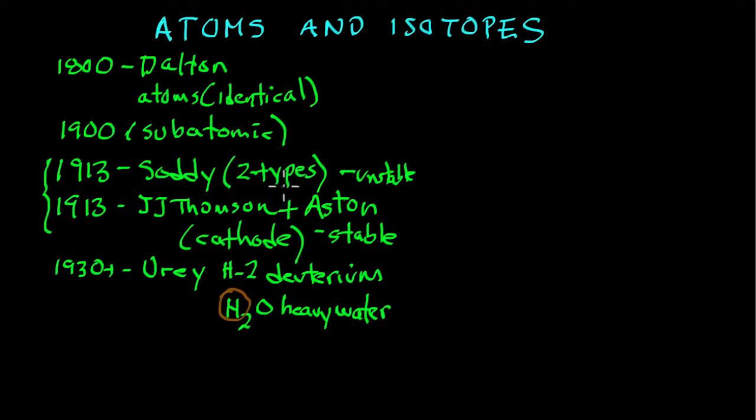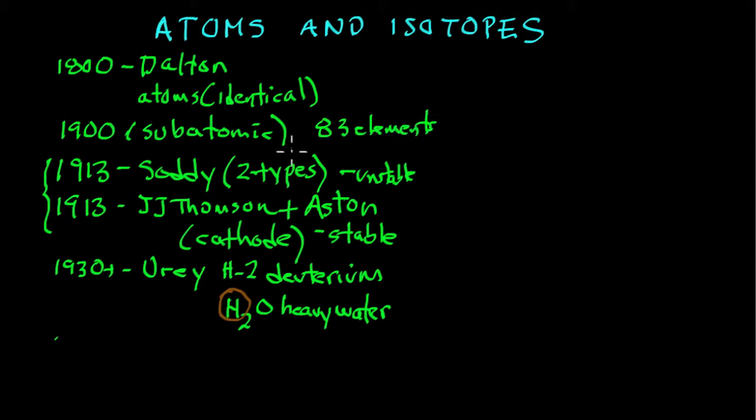Now, the idea of the isotope came about through these two scientists plus Urey, and it opened a field to chemistry, because initially chemistry was made up of elements made up of single atoms, and all the atoms were the same. By 1900, there were about 83 elements known.